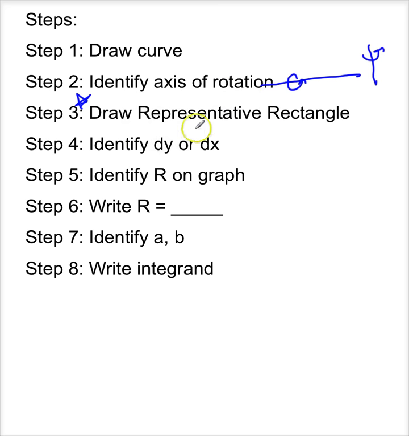And when you draw your representative rectangle, you're going to identify dx or dy. How? Because you're going to put delta x and delta y. I want you to draw r on the graph and then write r equals, and this is usually going to be f of x or f of y. And then identify your limits of integration, write the integrand, and do the problem.